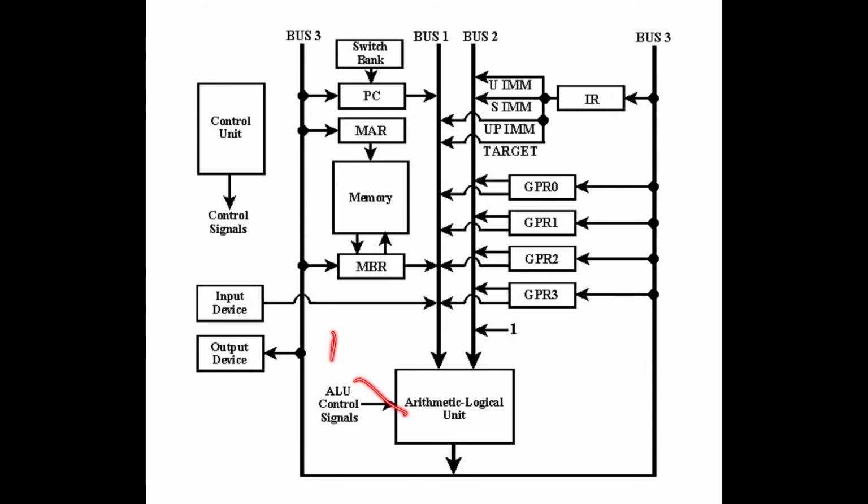And then we're going to turn on add on our ALU. Now the add will add our program counter plus 1, so we'll get the result of that. And then we'll flip our switch bus 3 to PC, which will take our program counter plus 1 and clock it into here. So then we'll have 001 in our PC area. So we'll be doing that at the same time that memory is loading the instruction into the MBR.